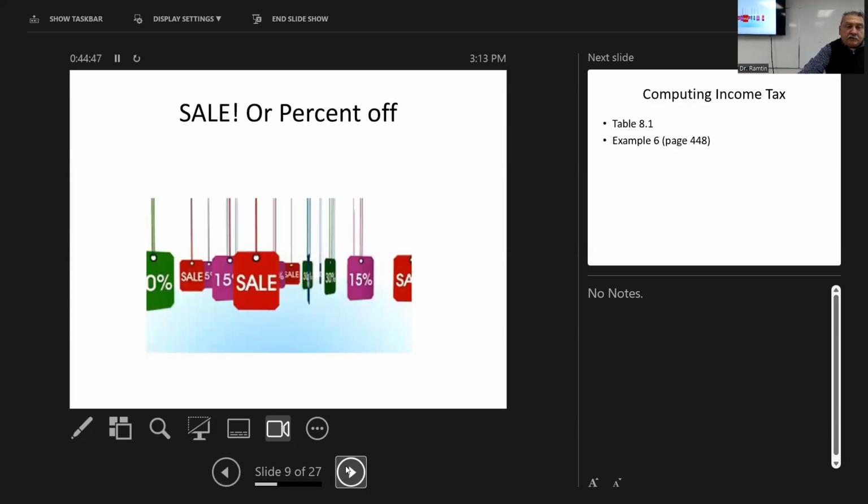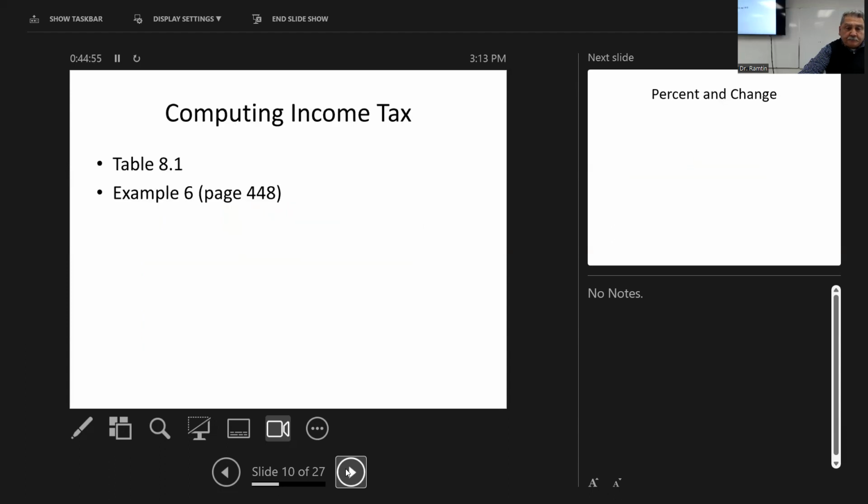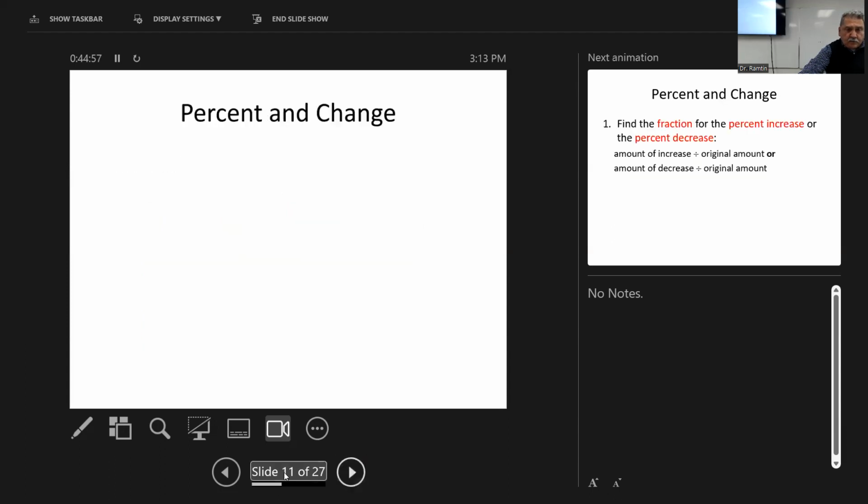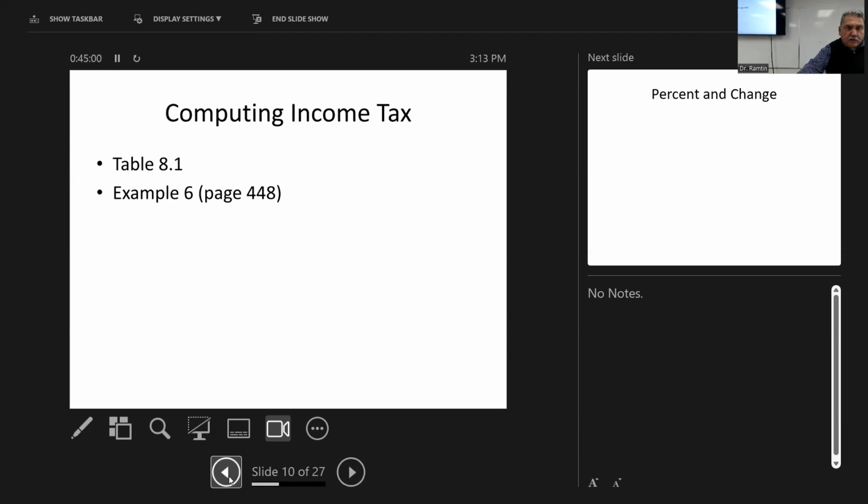One of the things that you will see quite often in this country and other countries, sales and percent off. Okay, let's go to table 8.1, example 6, page 448. That table 8.1, of course these things have changed whenever they make that table.